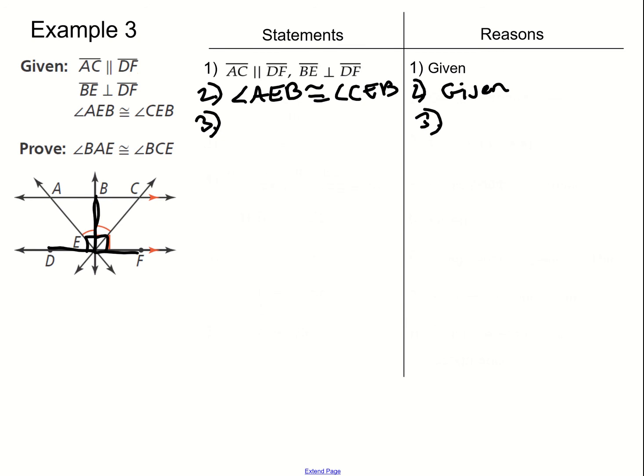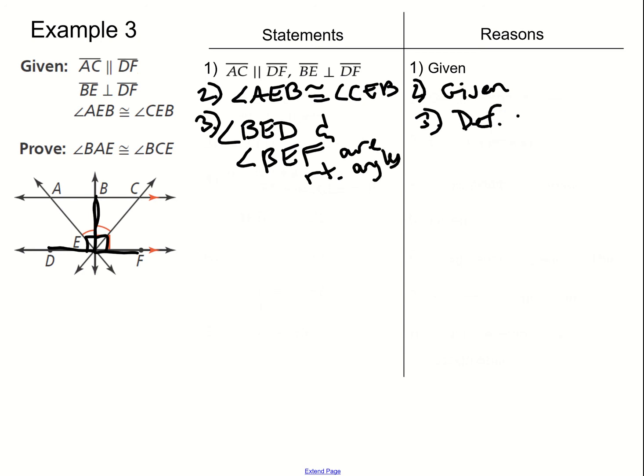That's the definition of perpendicular. So angle BED and angle BEF are right angles, and that is the definition of what it means to be perpendicular.